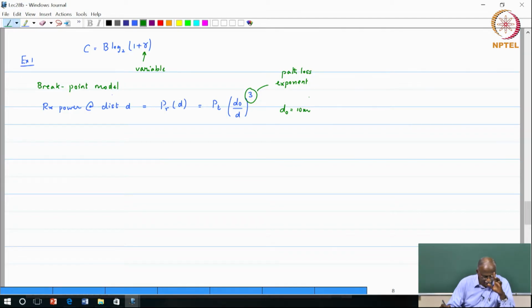So, the first exercise for us to do, we are also given a couple of other important points. The bandwidth of the signal is 30 kilohertz. The reason bandwidth is given is so that you can calculate the noise power.